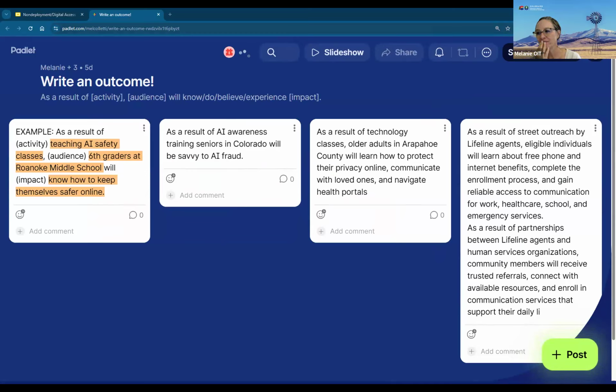Amazing, y'all. So I see the little dots at the top moving, which means people are still typing.